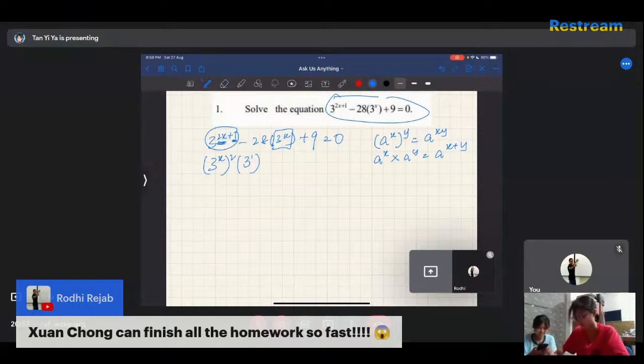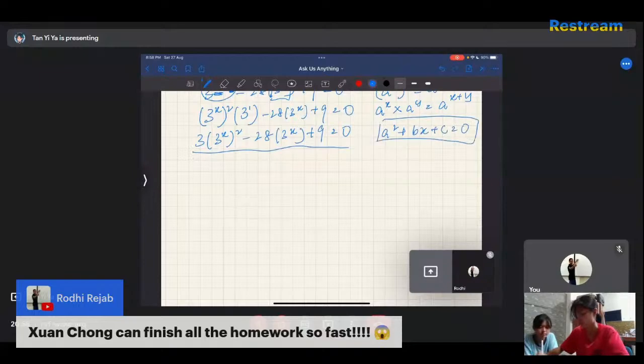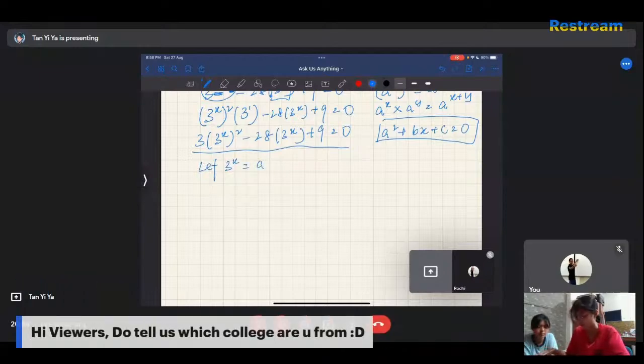Okay, so just copy down. To make our calculation easier, we can see this equation is a quadratic equation. So we may let 3 to the power of x equal a, or whatever letter you like.